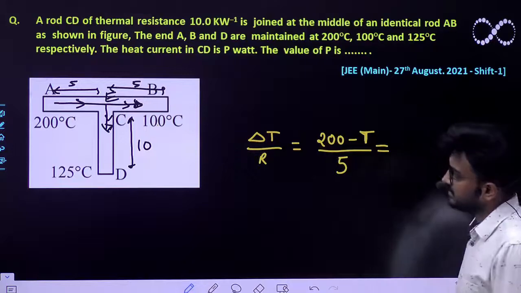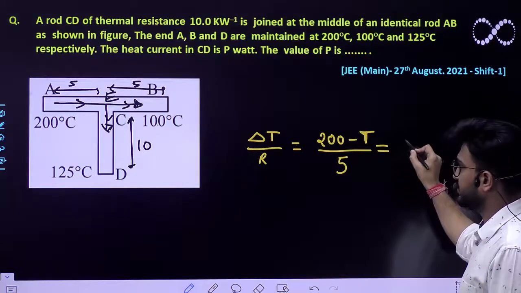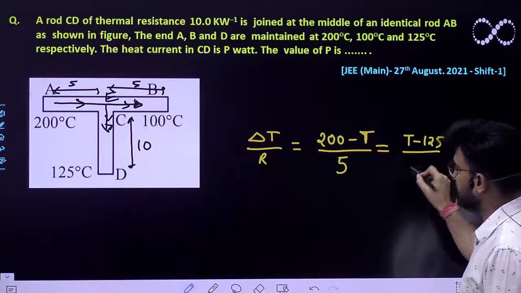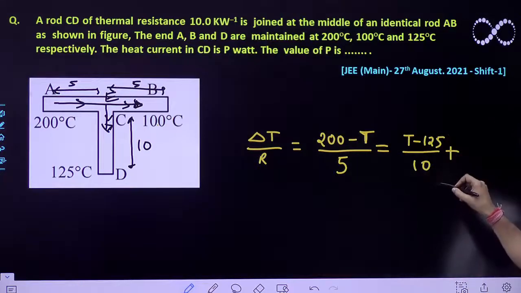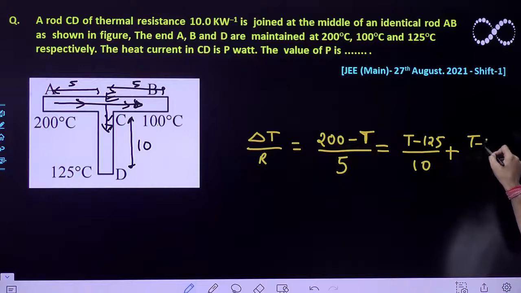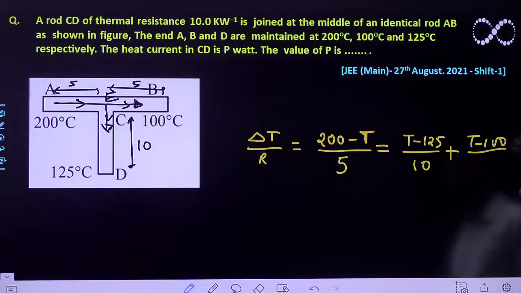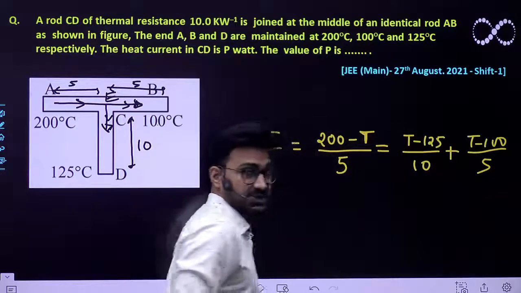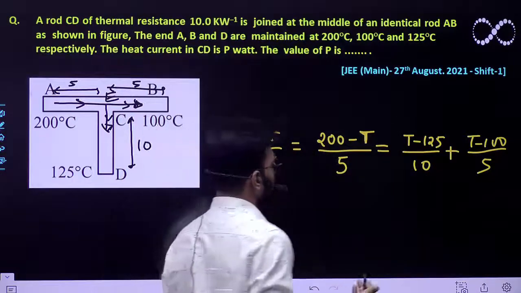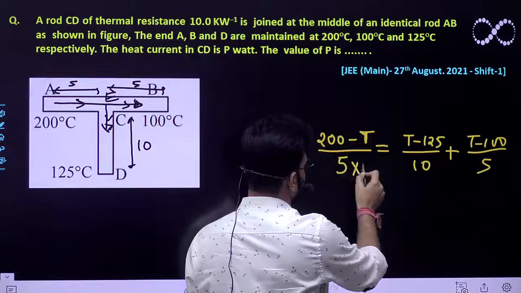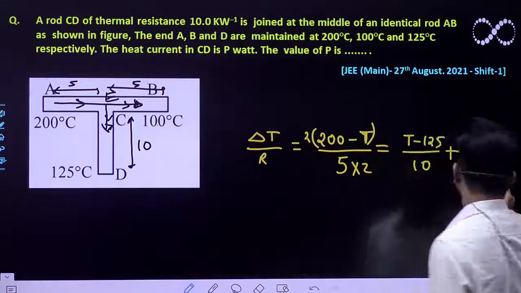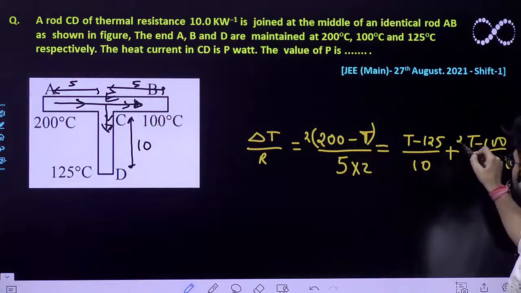So the heat current supplied to the CD would be (T minus 125) divided by 10, plus the current in EC, which equals (T minus 100) by 5. Now this is the expression from which you can easily find the value of temperature. So multiply by 2 into this much and then 2 into this much.